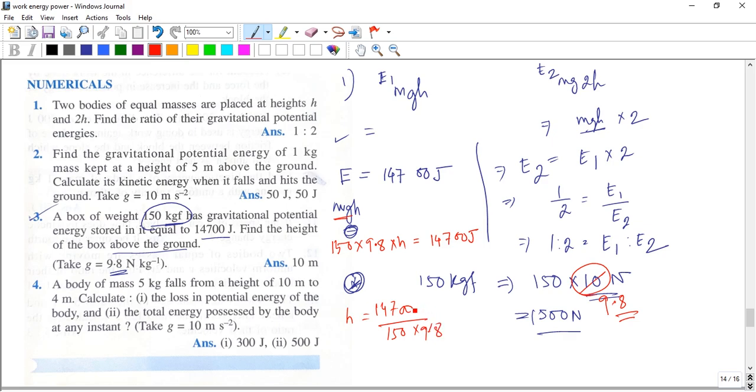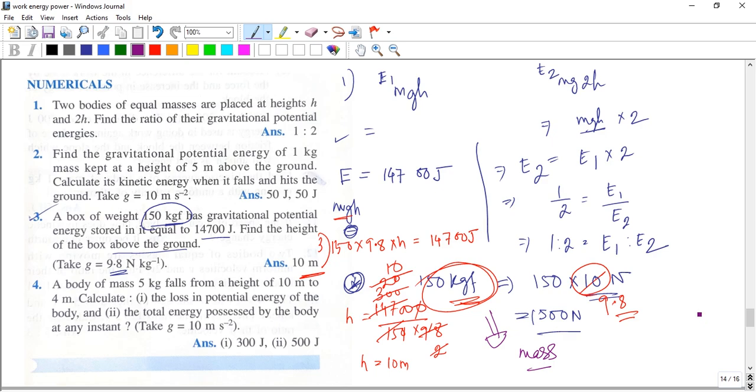Cancel the zeros, multiply 49, 40 and 2 the 98, and here that is 300. So 15, 20 to 10. So h equals 10 meter. That is question number 3. So kgf represents the mass. That's important.